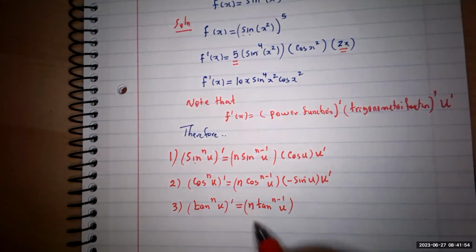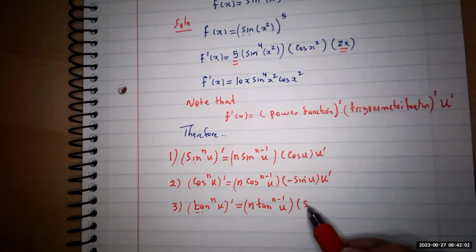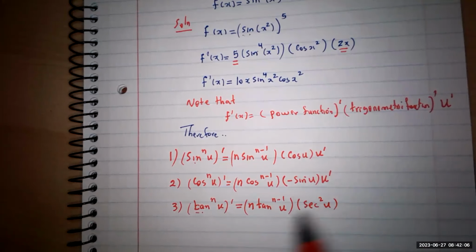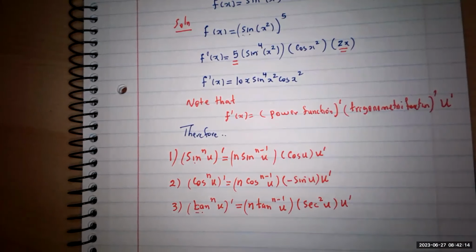So that's the power function. The derivative of the trig function, the derivative of a tangent, is secant squared of u times the derivative of the inside function, u prime. Let's check this formula, everything would be nice.